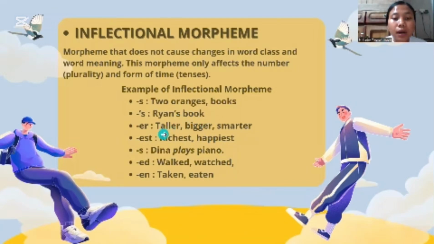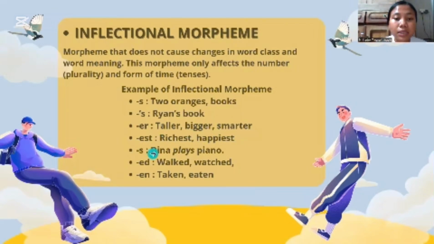And the next is er. Er is used to explain the comparative. For example, from the base word tall to be taller, big to bigger, smart to smarter.